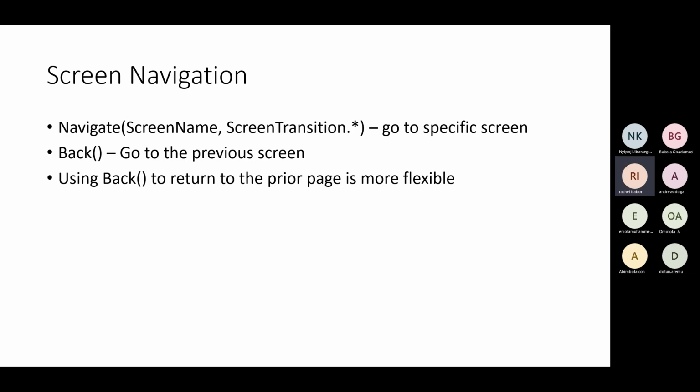This is what screen navigation does, and the Power Fx formula for it is the Navigate function. So Navigate, I write the name of my screen, then the screen transition. You can even just write the screen name, then close the bracket, or you can add your screen transition, dot Fade.